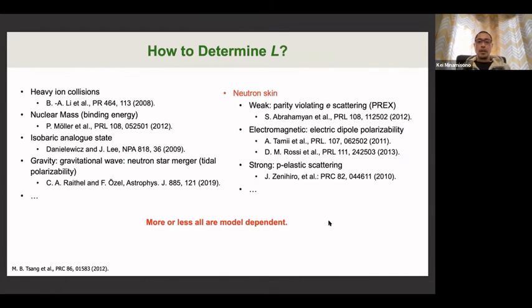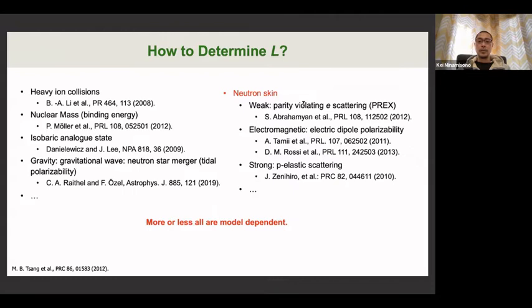Okay, so since the neutron equation of state has big implications to many fields of physics, there have been many measurements performed: heavy ion collisions, the analysis of the nuclear masses, isobaric analog states, and the signal from the gravitational wave is also a good source to understand the neutron equation of state. And among others, the neutron skin is known to be very sensitive to the neutron equation of state, and many measurements have been performed using many different probes.